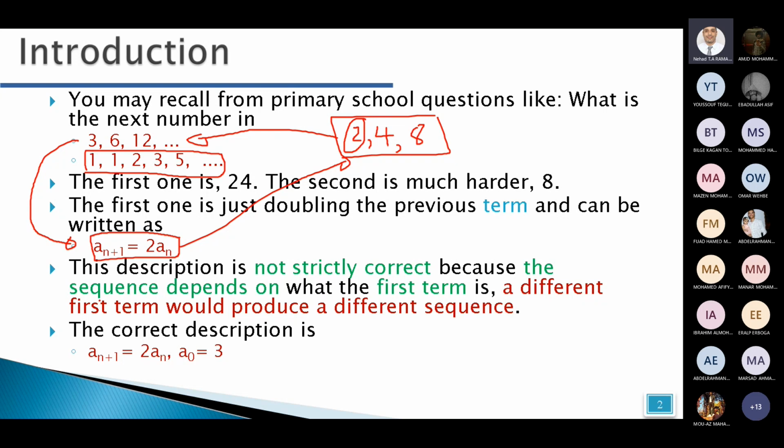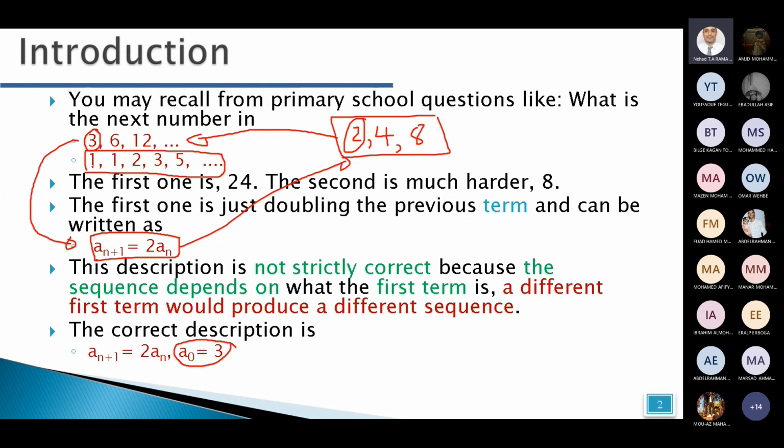So the recurrence relation alone is not enough to describe or identify the sequence. We must mention something called the initial value or the initial term. Here, we call it term 0, or the first term.